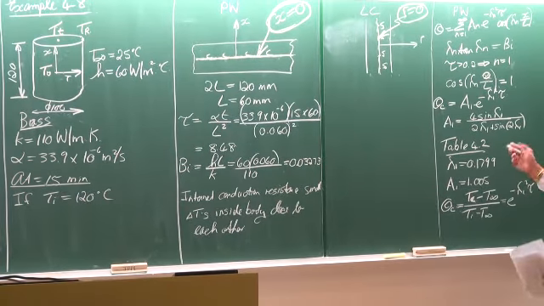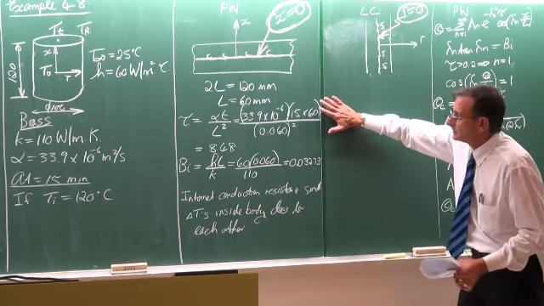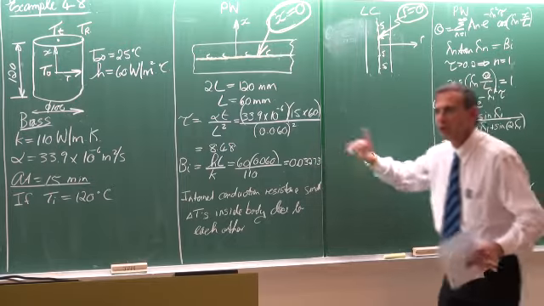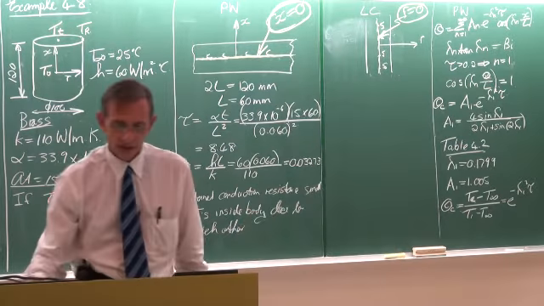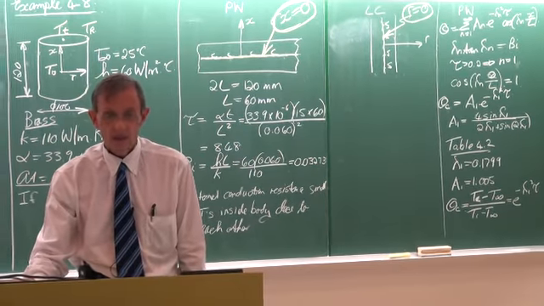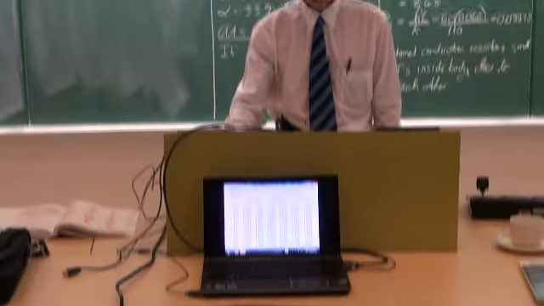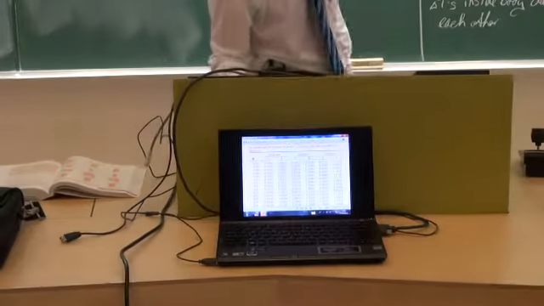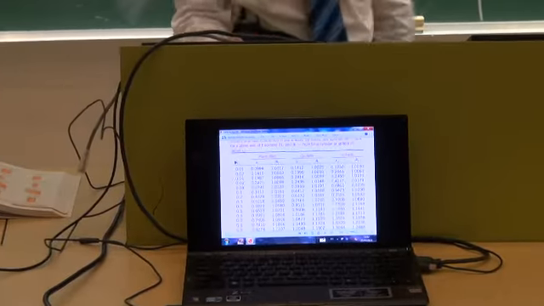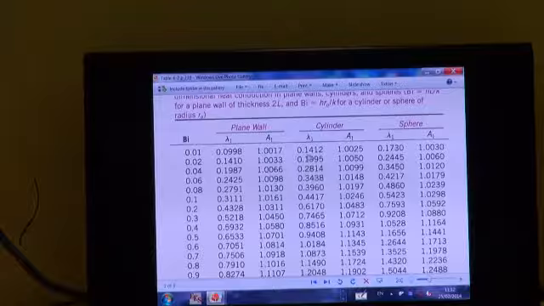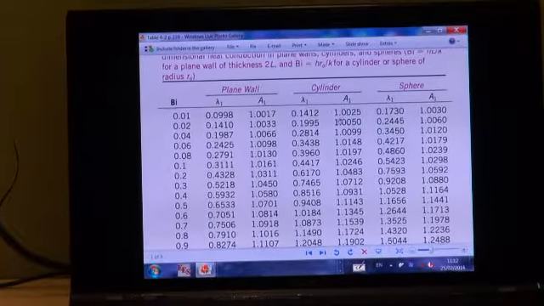Right, so we've already calculated tau, we've already calculated the Biot number. So, Marlies, if you can look at this table for us, if you can zoom in on it, with a Biot number of 0.03, there are the values for the cylinder.